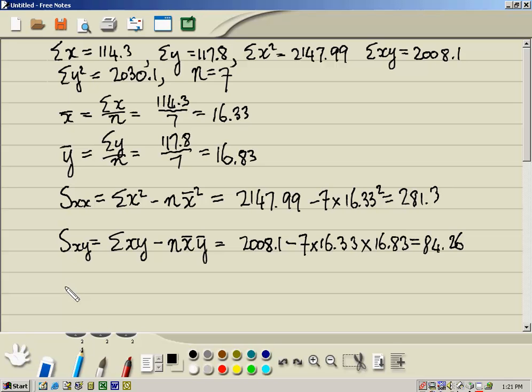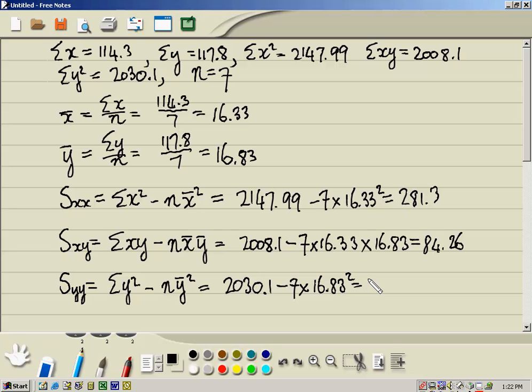That's all we'll need for the estimation, but for what we need to do later, let's also get the sum of squares of y, Syy, which is sigma y squared minus n times y bar squared. Sigma y squared is 2030.1 minus the n of 7 times y bar 16.83 squared, and the answer to that is 47.36.